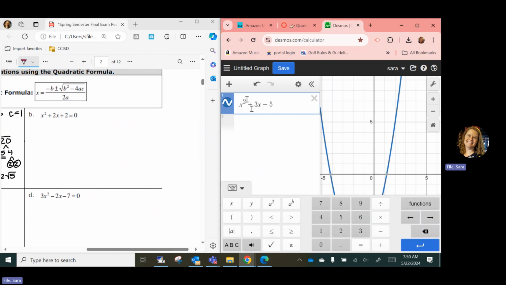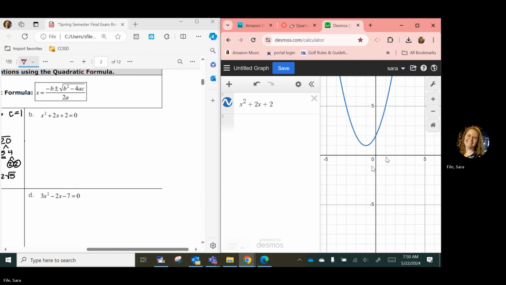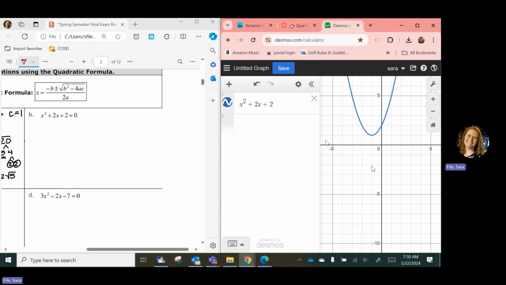So this one is x squared plus 2x plus 2. Notice, does this cross the x-axis? The x-axis is down here. So this one does not cross the x-axis. So I immediately know that my solutions will be imaginary because this has no real solutions, because I don't see it crossing.